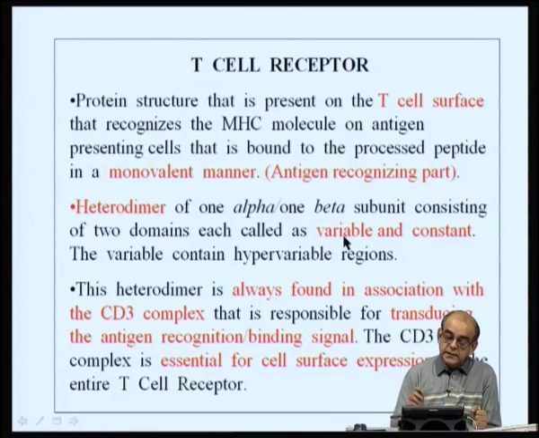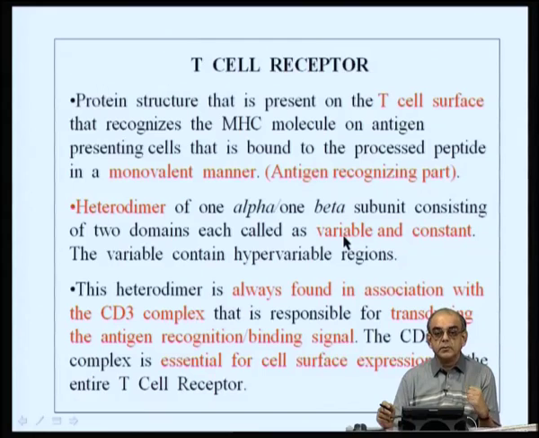Similarly, since the T cell receptor is also engaged in perceiving the antigenic peptide bound to MHC molecules, it also has a variable region. This variable region is juxtaposed or combined with a constant region, and the variable region also contains hypervariable regions, just as was seen in the immunoglobulin molecules.